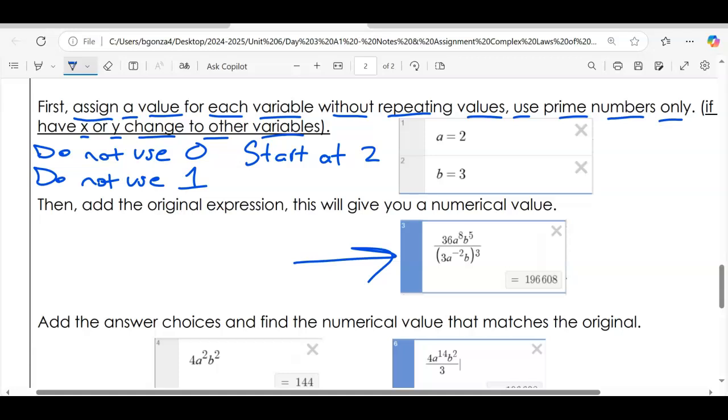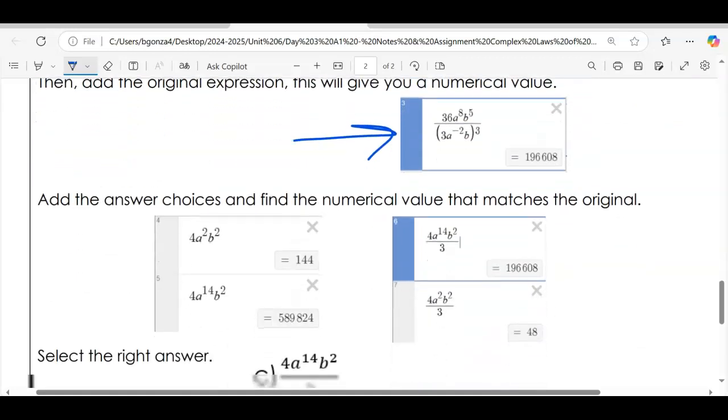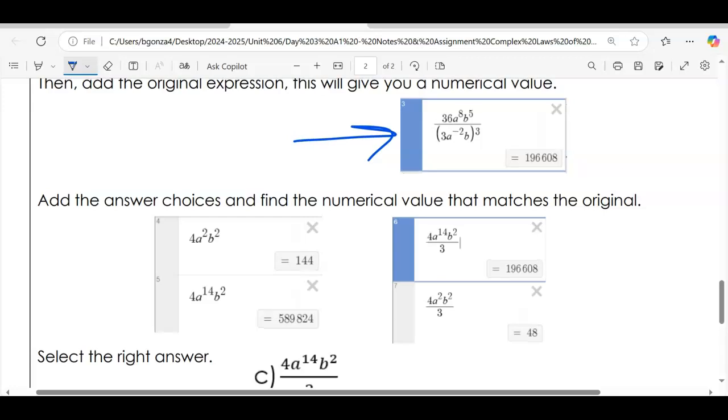Whatever that number is, you're going to take all 4 of your answer choices and type those 4 answer choices in. Whenever you type in the question and the 4 answers, only one of them is going to match. Do you see how the question gave me this, and then letter C gave me this?